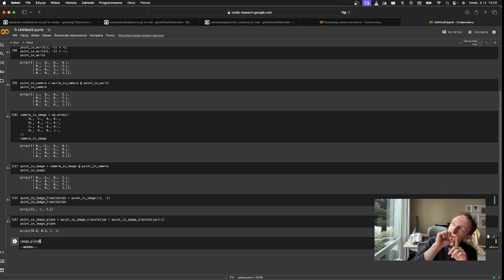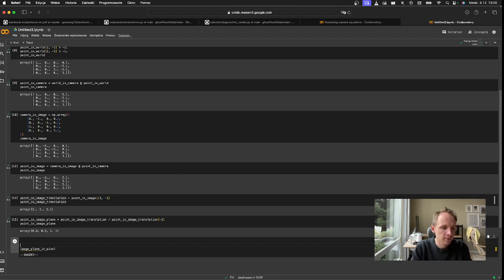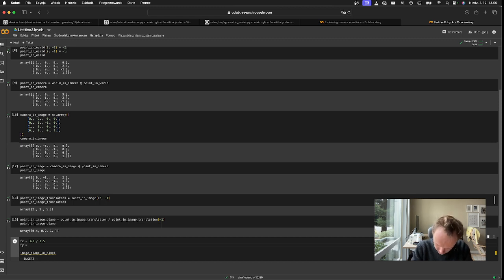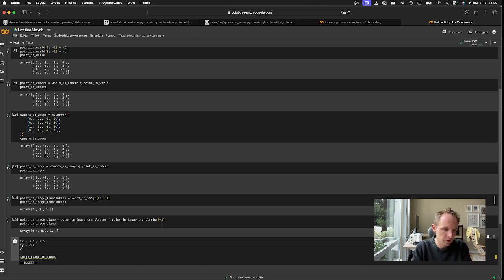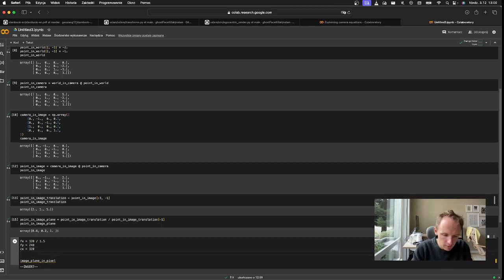So we need the image plane in pixels. fx was 320 by 1.5, fy was 240, and then cx was 320, and cy was 240.